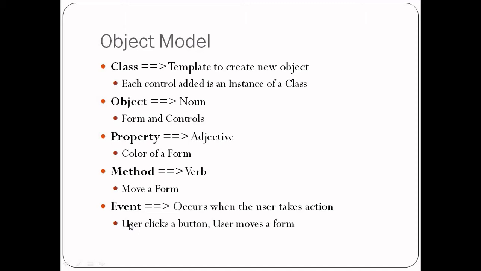Now this also can be designed and controlled in VB.NET, and this also is a part of the object model. So the object model of VB.NET is a combination of objects, properties of the objects, methods that an object can perform, and events, which are activities based on user actions.